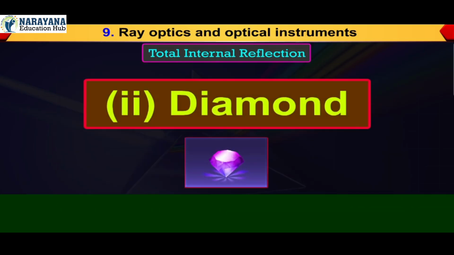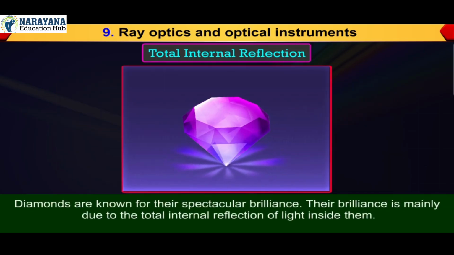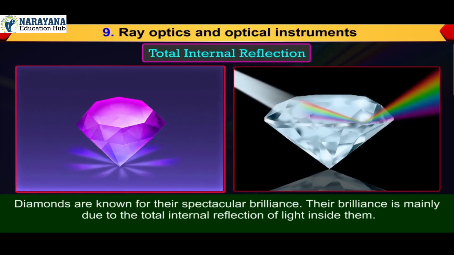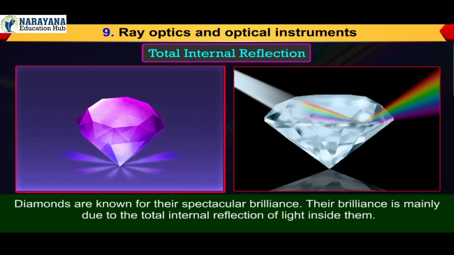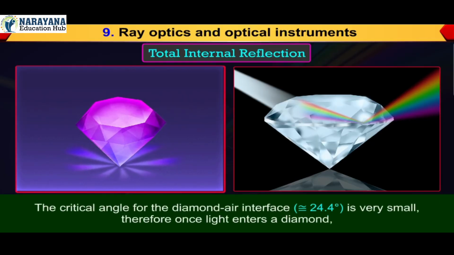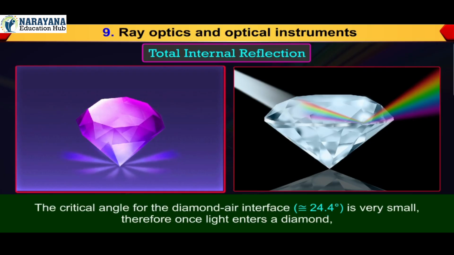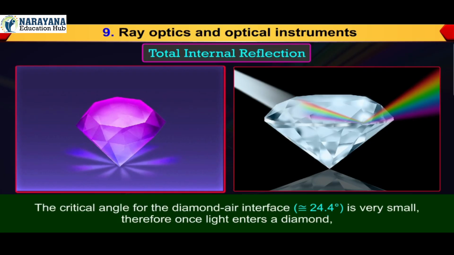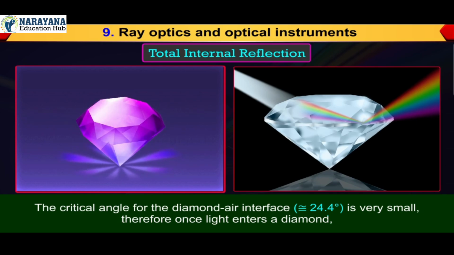Number 2. Diamond. Diamonds are known for their spectacular brilliance. Their brilliance is mainly due to the total internal reflection of light inside them. The critical angle for the diamond-air interface is approximately equal to 24.4 degrees, which is very small.